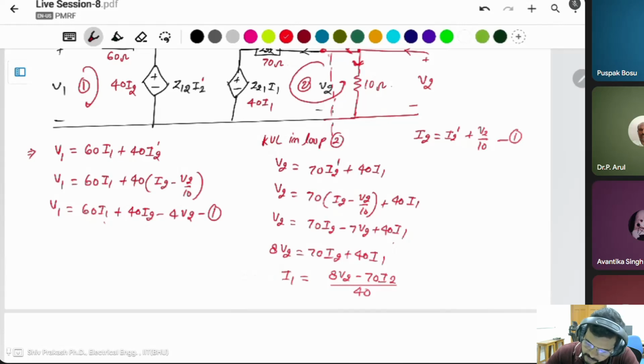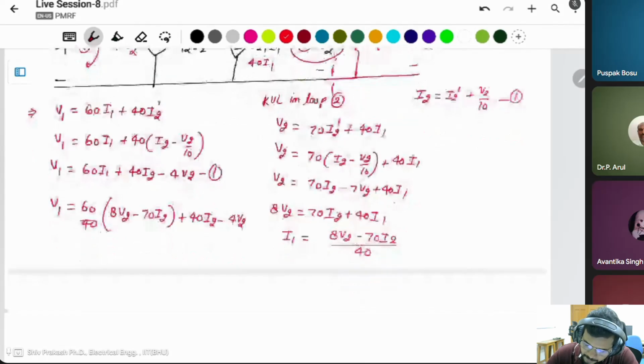You can replace I1 here, and this is V1 is equal to 60 by 40, 8 V2 minus 70 I2, plus 40 I2 minus 4 V2.